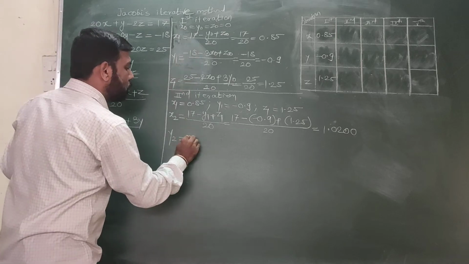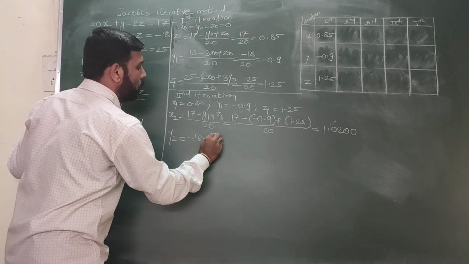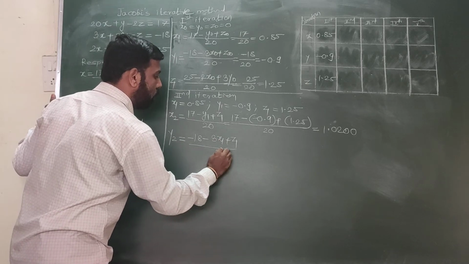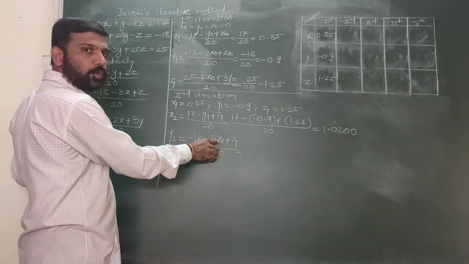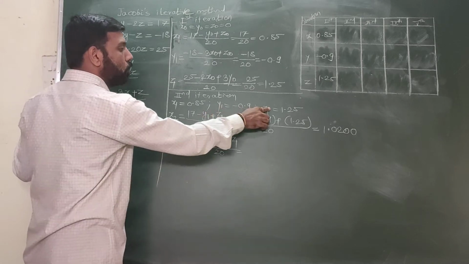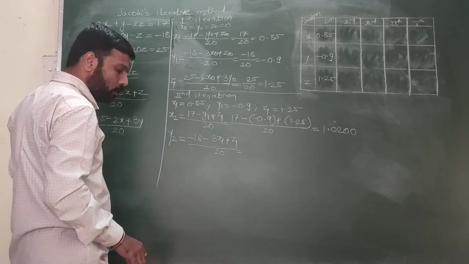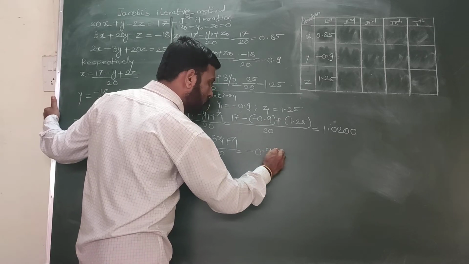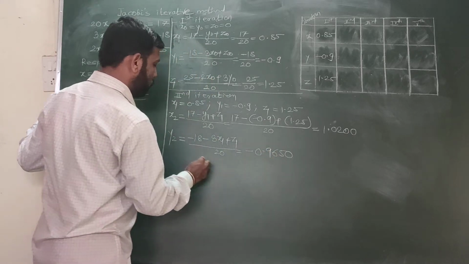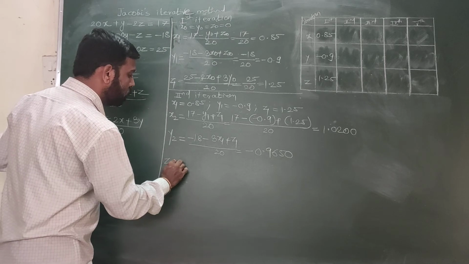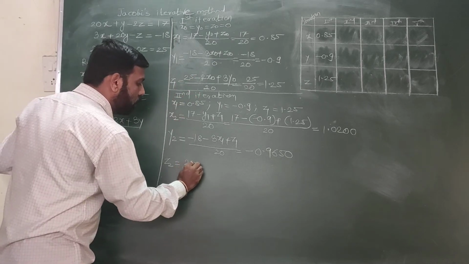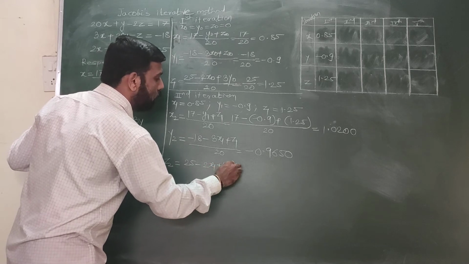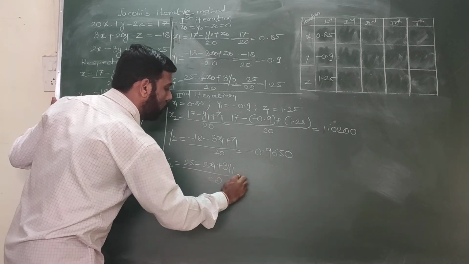y2 is minus 18 minus 3x1 plus z1 upon 20. You substitute the x1 value and z1 value, and calculate this. y2 is minus 0.9650. z2 is 25 minus 2x1 plus 3y1 upon 20.